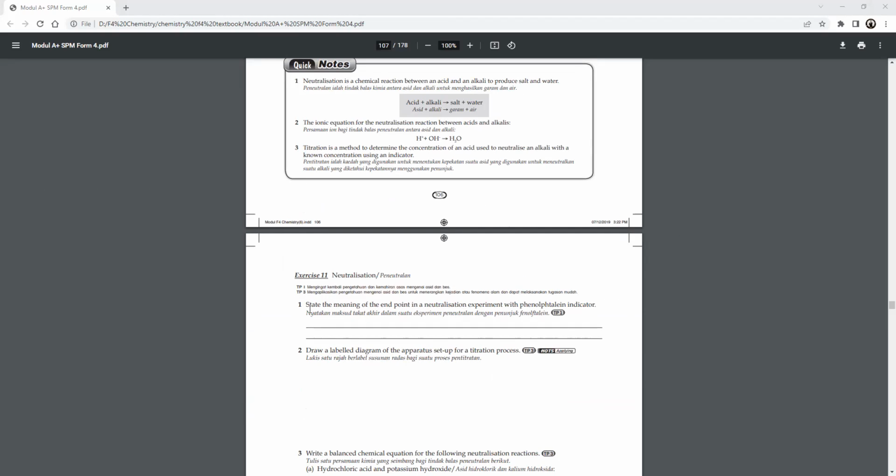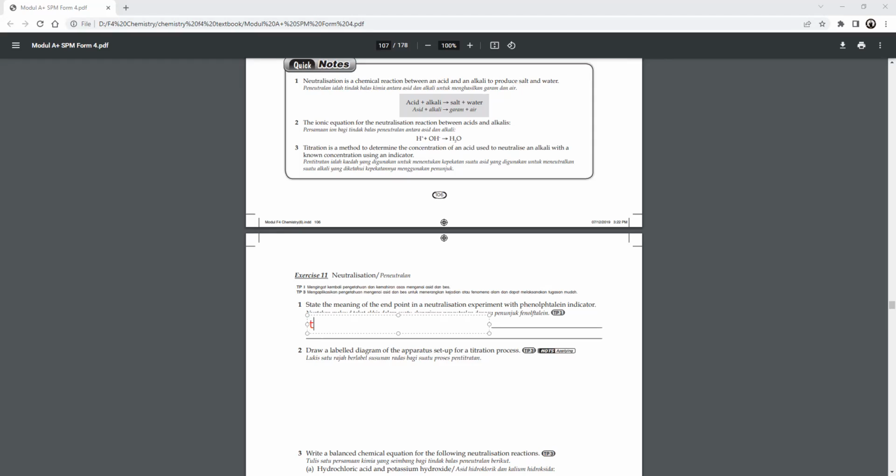First of all, state the meaning of the end point in the neutralization with the phenolphthalein indicator. Did I do this one before last week? I guess no. State the meaning of the end point of the neutralization experiment with phenolphthalein indicator.